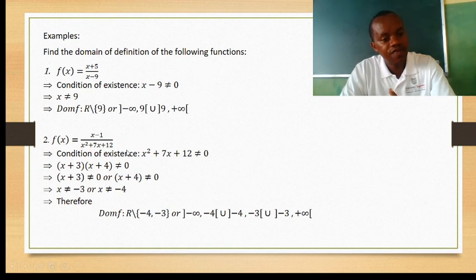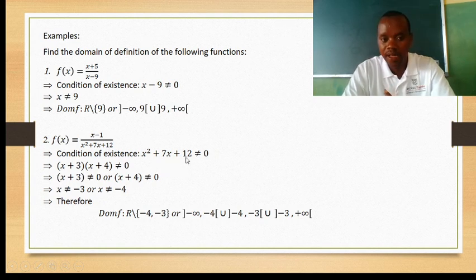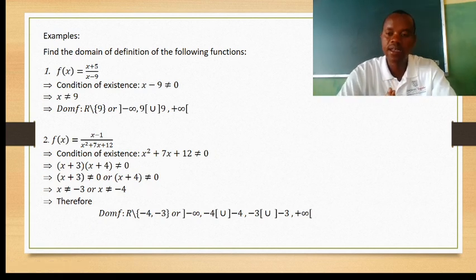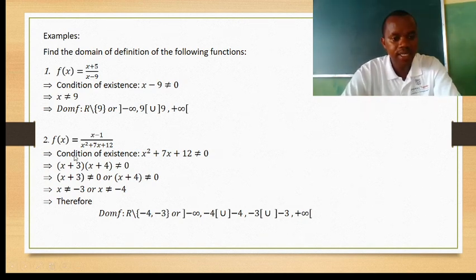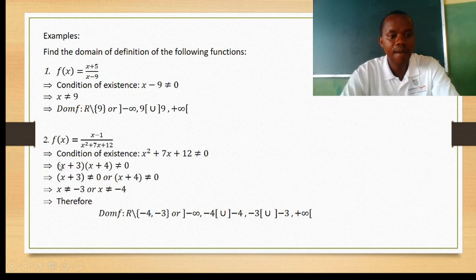To find the values which make this denominator part equal to 0, if we have a quadratic expression like this, we can use any way that we want. We can use delta, we can use grouping, any way that we want, but in this case we have used factorization.